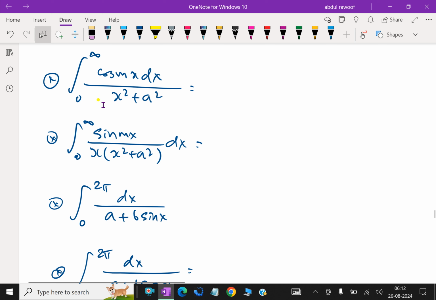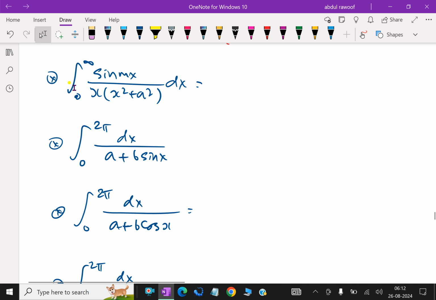And next one, the integral from 0 to infinity of cos mx over x squared plus a squared dx, which is equal to pi by 2a e power minus ma.